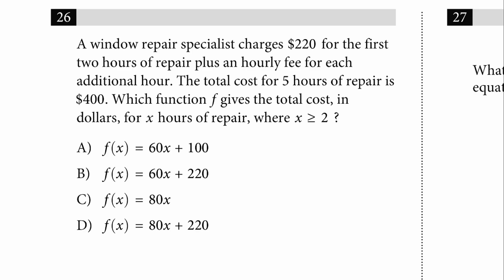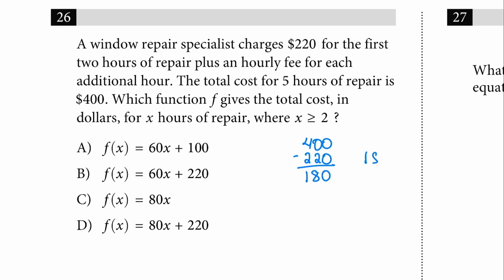So the way that I would solve this is I would start off with the total cost for the 5 hours. We know that the total cost was $400 and that the fee for the first 2 hours is $220. So I would subtract those values and we're going to get $180.